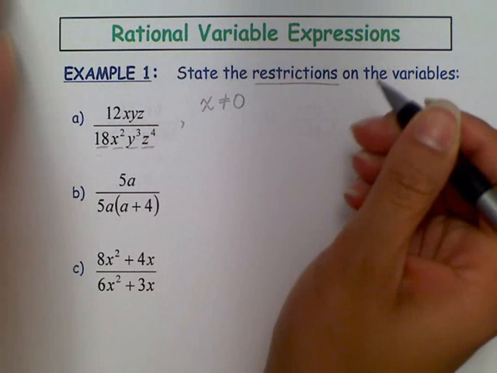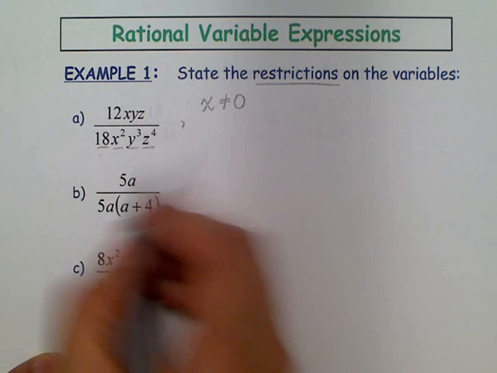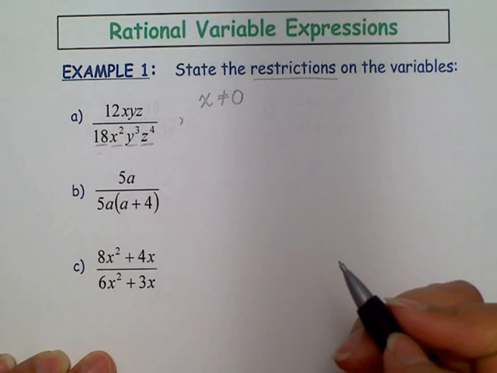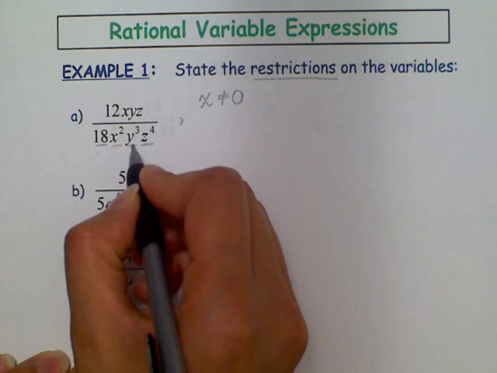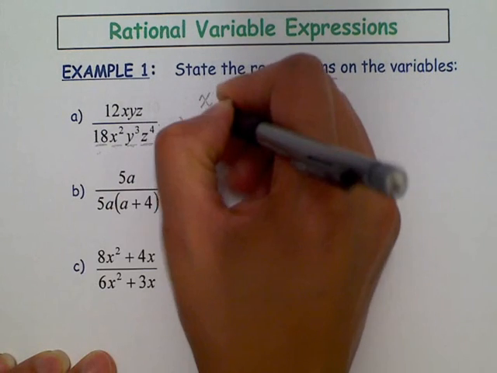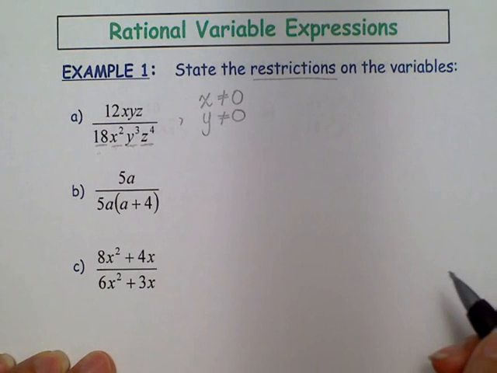So one of the restrictions I have is that x cannot equal 0. Okay, that's a value of x that I can't have for this expression. Otherwise, I'll get a denominator of 0, which would be an undefined result. Similarly, the only value of y that will ever make the denominator equal to 0 is that y cannot equal 0.